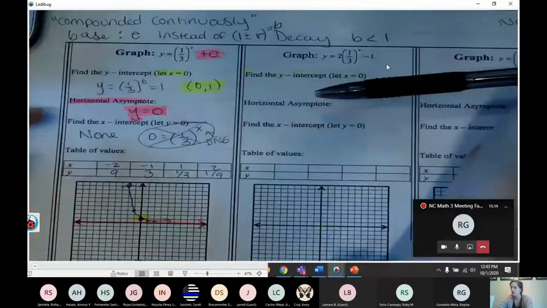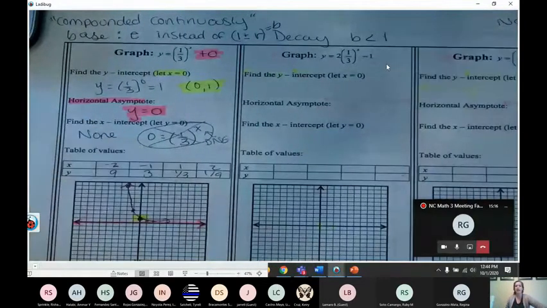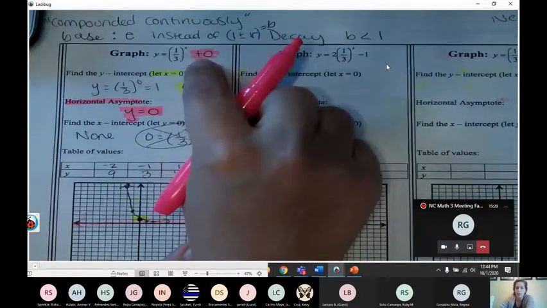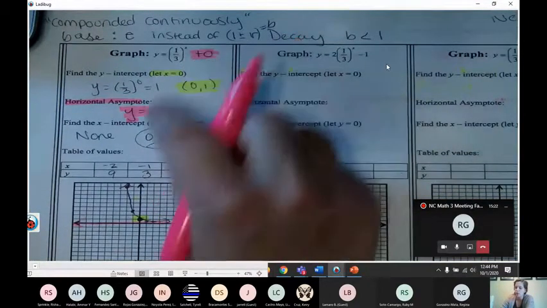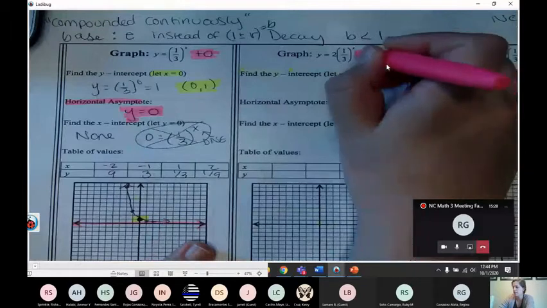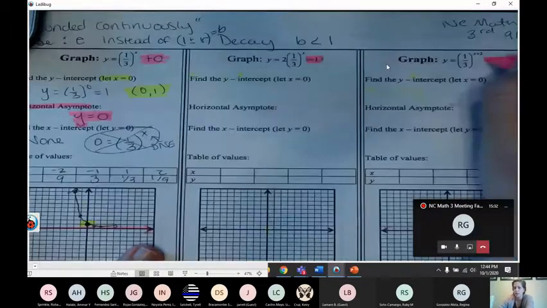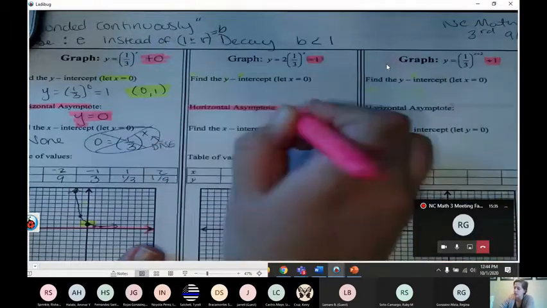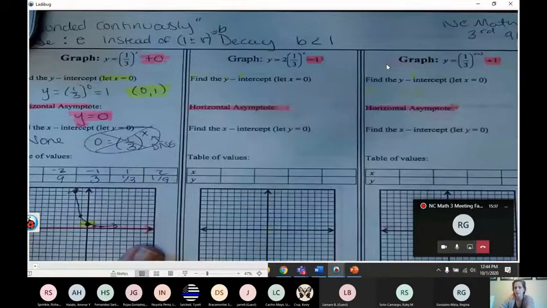The horizontal asymptote is going to be whatever is added onto the function. So there was nothing here, so we wrote in a +0, meaning our horizontal asymptote was y = 0. In our other functions, it's going to be identified here and there. So when we get to the horizontal asymptote piece there, you guys should know what to say.